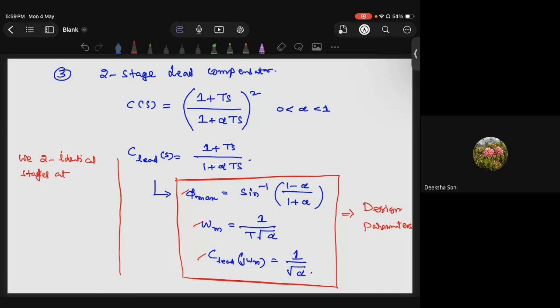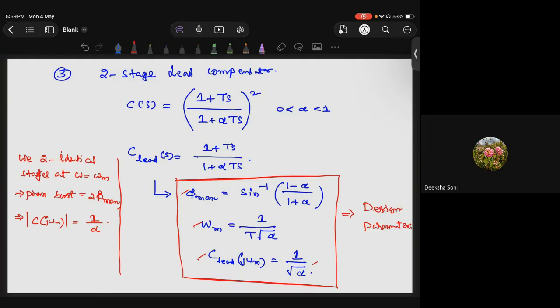At omega equal to omega m, we need a phase boost of 2 phi max. Then the magnitude of C of j omega m equals 1 by alpha, if you keep the two side by side, that will become 1 by root alpha squared.